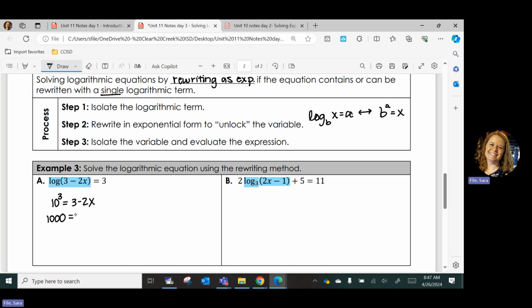So we've got 1,000 equals 3 minus 2x. So then I'm going to move my constant. And then I'm going to divide out my coefficient. So that's going to come out negative. So we've got negative 448.5.